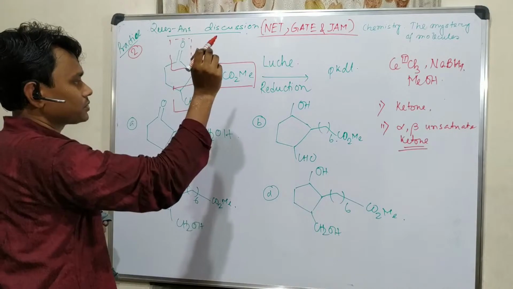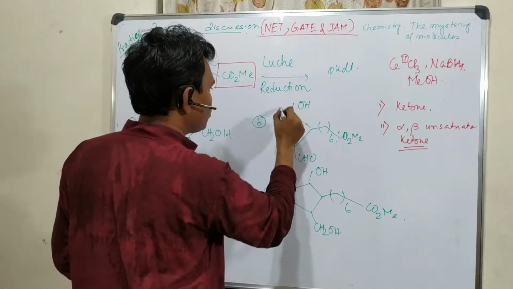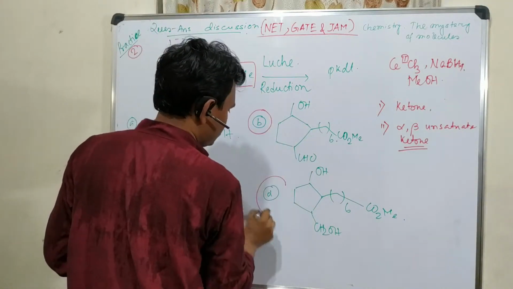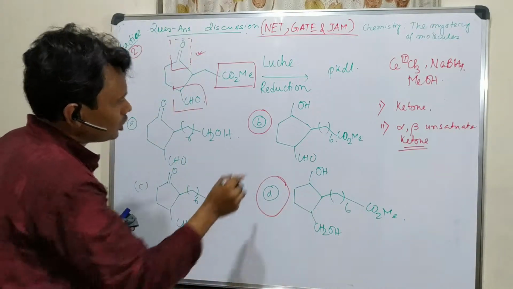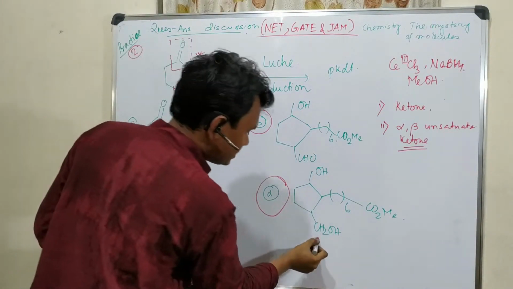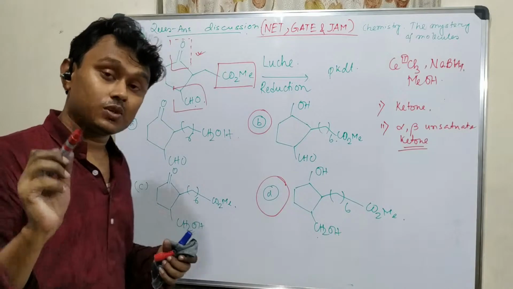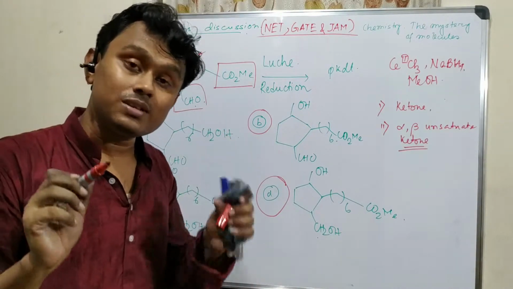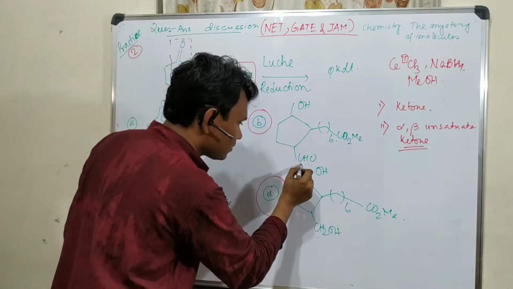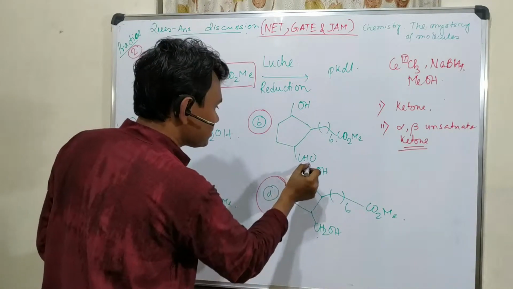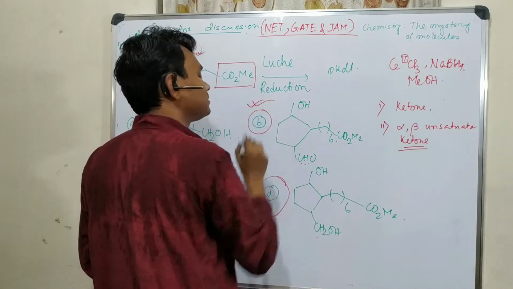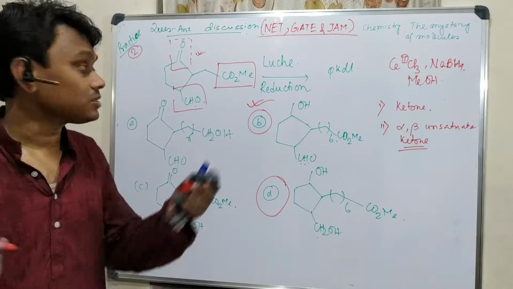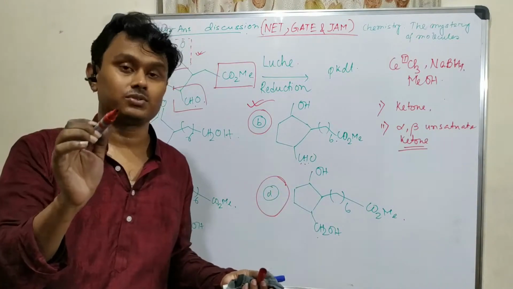Where is the ketone reduced? Two options: option B and option D. What is the difference between B and D? In option B, the aldehyde is not reduced, but here it is reduced. We said that in the presence of ketone and aldehyde, the ketone is selectively reduced, so option B is the answer. This is very easy; you can solve this question within 30 seconds.